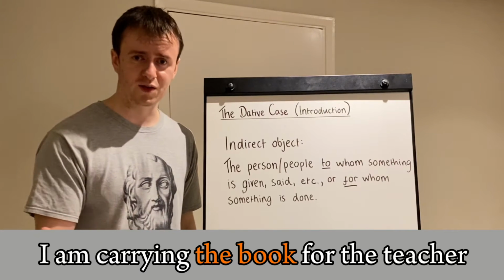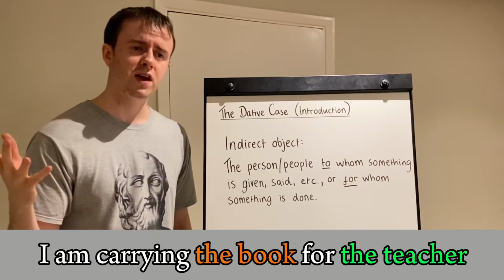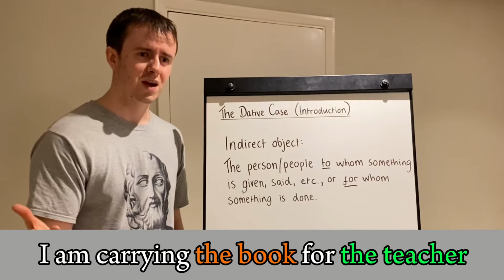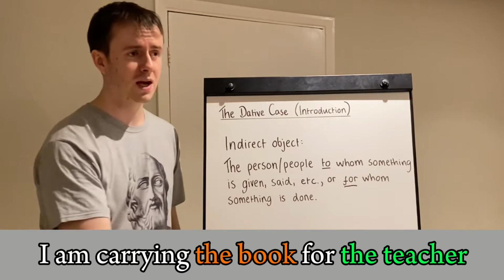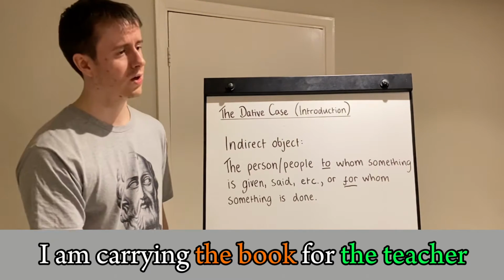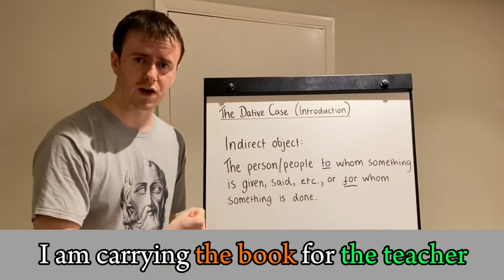It's directly on the receiving end of the action of the verb. But the teacher would be the indirect object because the action is being done for him. It's being done on his behalf. So he's kind of a step further removed than the direct object.